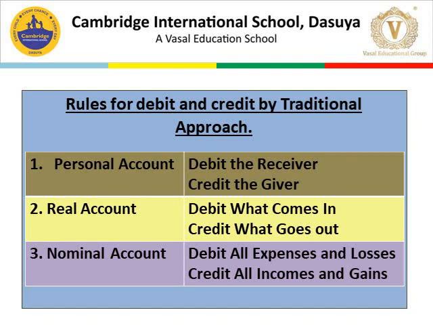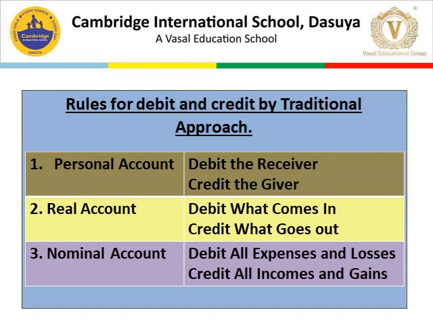It covers all the assets, whether intangible assets, tangible assets, current assets, or fixed assets. A few examples of assets are land, building, cash, etc. The rule for the real account is debit what comes in, credit what goes out.